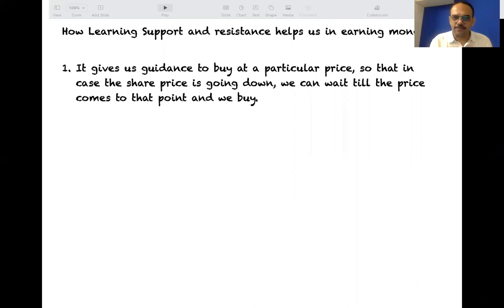Has it fallen enough? Should I buy at this price? How many of you have heard this question, or had this question when the share price is going down? The first thing which comes to your mind is, should I buy at this level? Then you'll put on WhatsApp, should I buy? You'll go and search in Google, should I buy at this level? Is this a good level? Will it go up? Will I be profitable? And like that. That is the first question that comes to your mind.